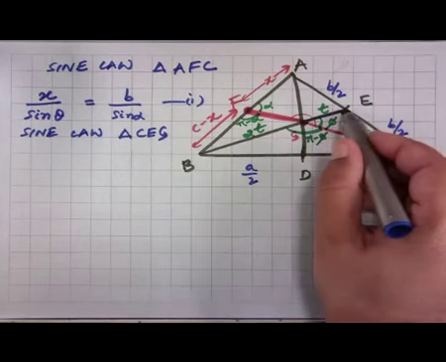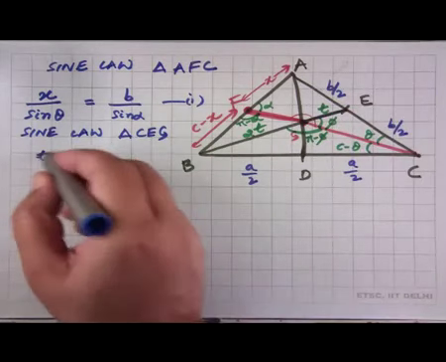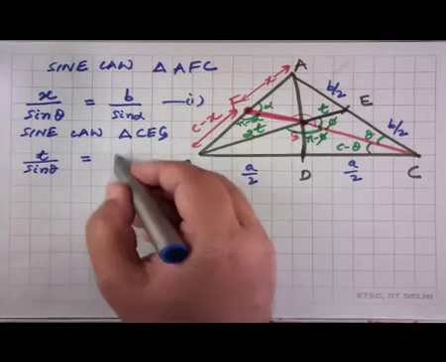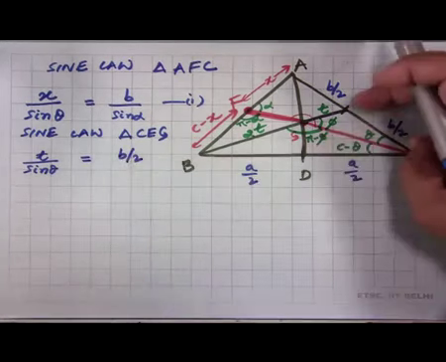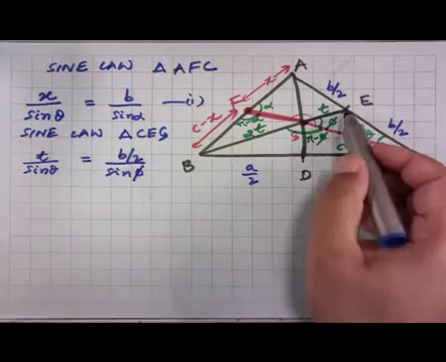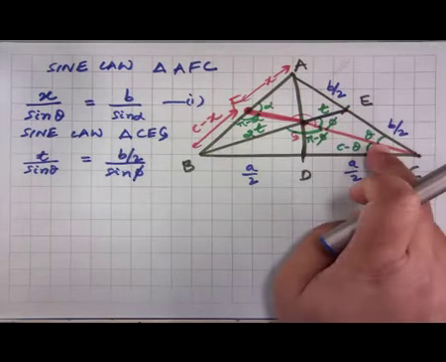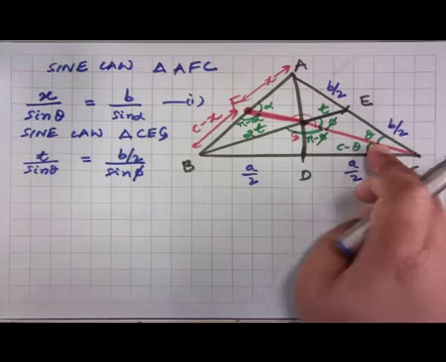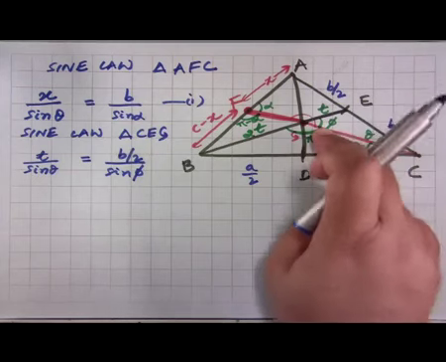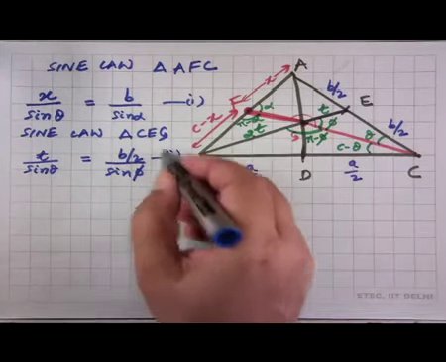In the triangle CEG, t divided by sine of the angle opposite to it, which is theta, must be equal to b by 2 divided by sine of the angle opposite to it, which is phi. That gives us the second equation.